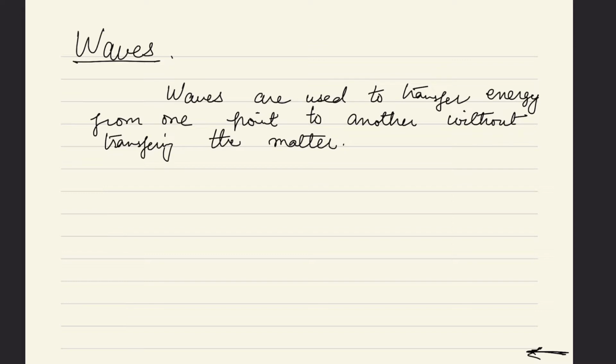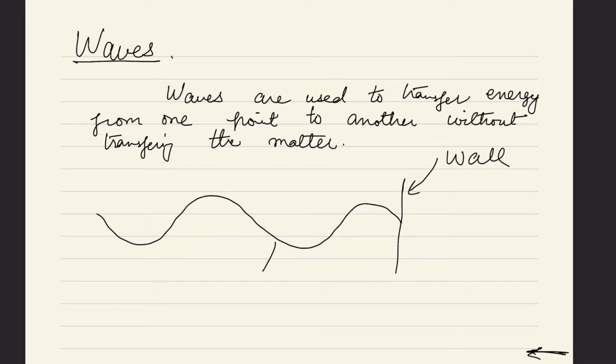For example, let's suppose there's a string that is attached to a wall like that. This is the wall, and this is the string. We move the string up and down from this side.